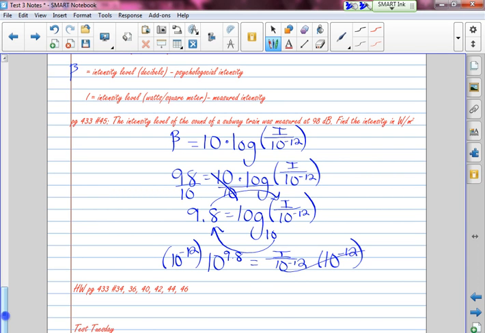That cancels out. And when you type this in your calculator, you get 0.00631 watts per meter squared. And that's the answer.